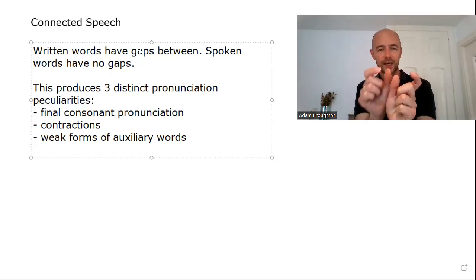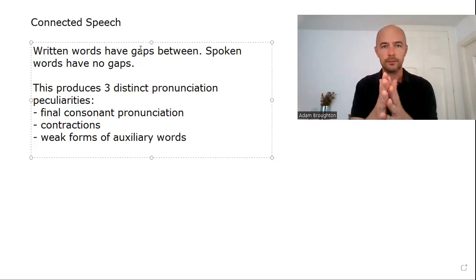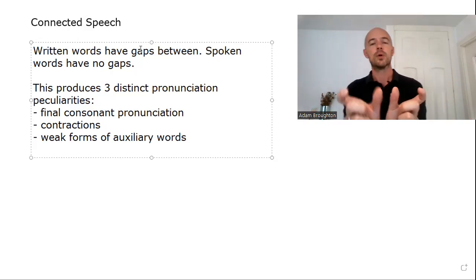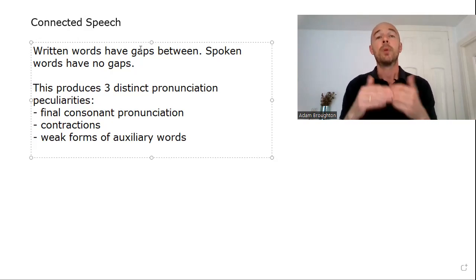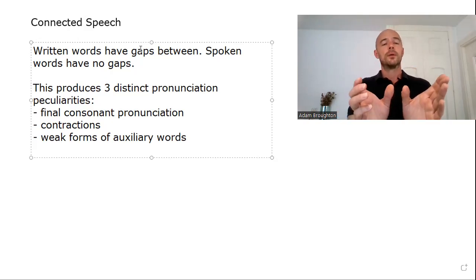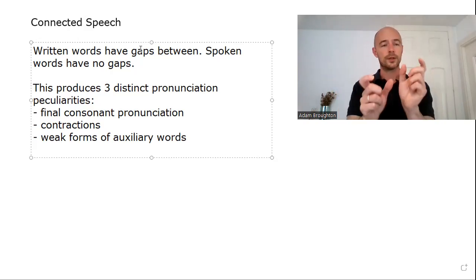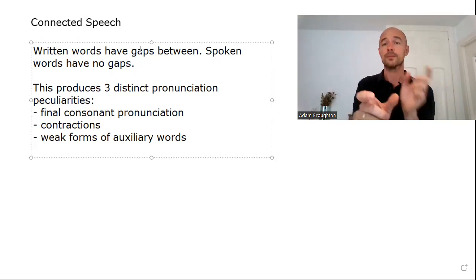And when they're written, you can see a clear gap between these words because that's how we write in pretty much all languages. Each word is written separately when it's printed, when it's written down. But when we speak, that's not the case. So this is a big mistake because subconsciously, your brain is going to prioritize each individual word in a sentence and try to pronounce them separately.